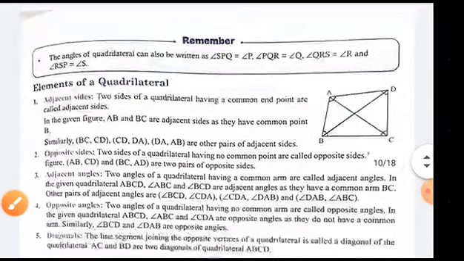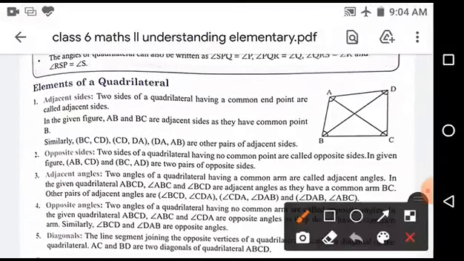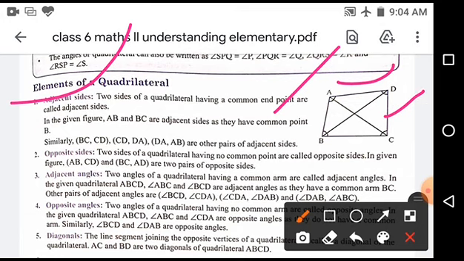Now elements of a quadrilateral, that means the parts of a quadrilateral. In a quadrilateral, AB, AD and CD are the sides which are joined by the point D. That means they are called adjacent sides. If two sides are connected at a common point, then these two sides are called adjacent sides.